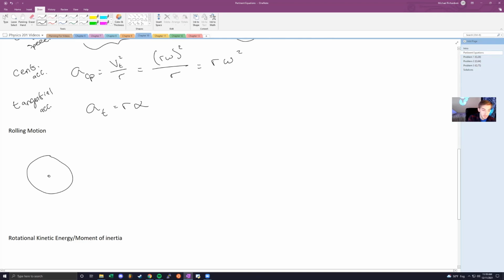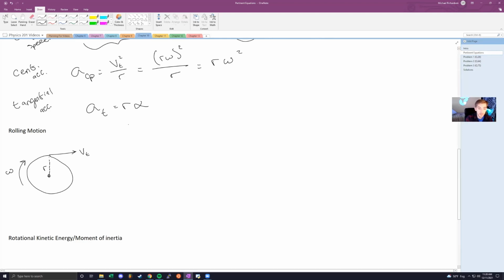If we consider a wheel, let's say, of radius r, angular velocity omega, and tangential speed v of t, then if this wheel is moving, it's not only rotating, but it has some translational aspect to it. If you consider the wheels on a car, the car moves as well, so the wheels will move with the car in a straight line, but the wheels will also rotate.